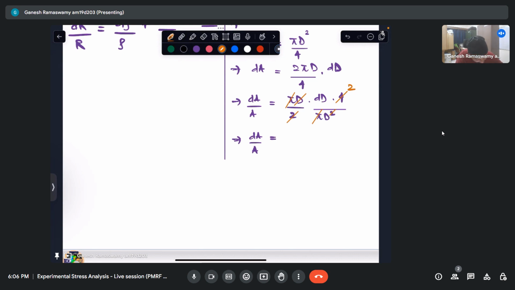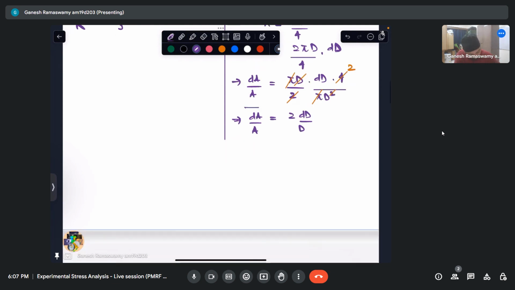So this gives us 2 change in the diameter by the diameter. So we have been able to relate the change in the area to the change in the diameter, which for a circular cross section is basically the lateral strain.